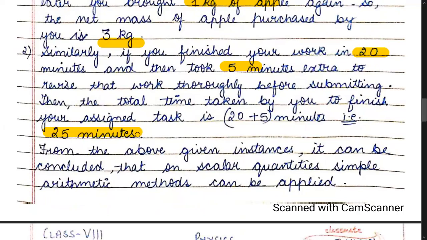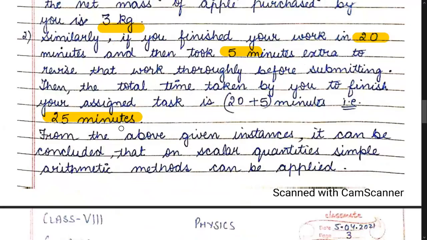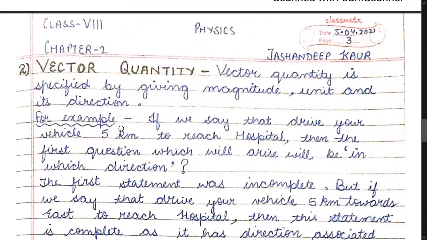So from these instances, it can be concluded that on scalar quantities, simple arithmetic methods can be applied, like we did simple addition in these two examples.